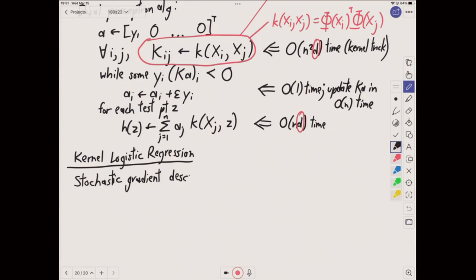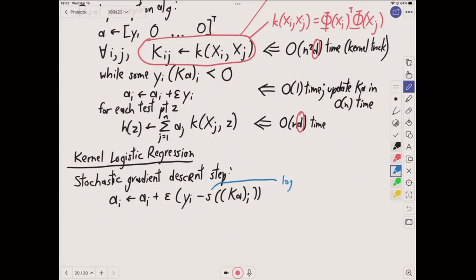But with that in mind, here is the gradient descent step that we do for stochastic gradient descent on the logistic regression cost function, where here S is the logistic function.